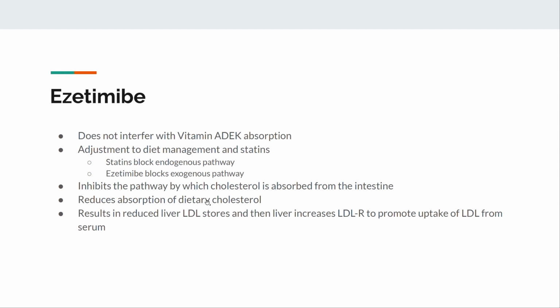So then you don't reuptake your cholesterol from the sort of enterohepatic circulation pathway, but you also don't absorb much cholesterol that you eat. So that will again reduce the liver LDL stores. You'll put up the LDL receptor, and then you'll have to take up LDL from the serum because the amount of cholesterol in the liver is going down.